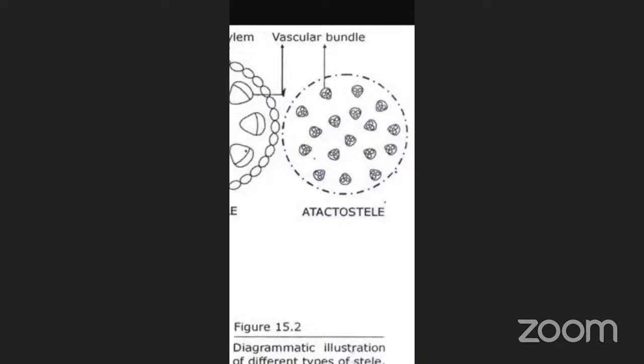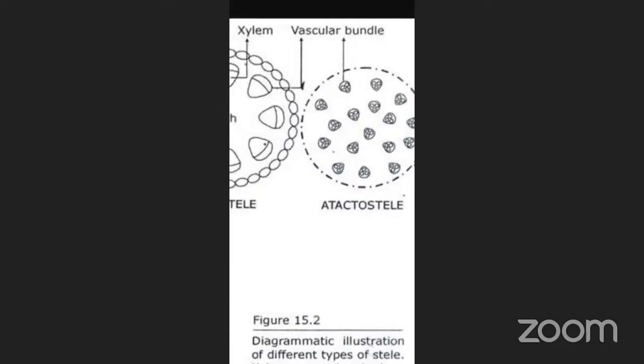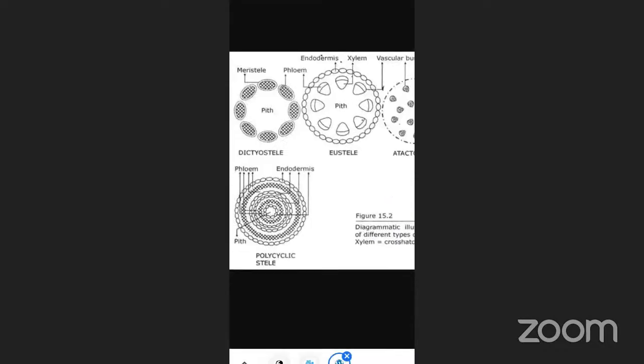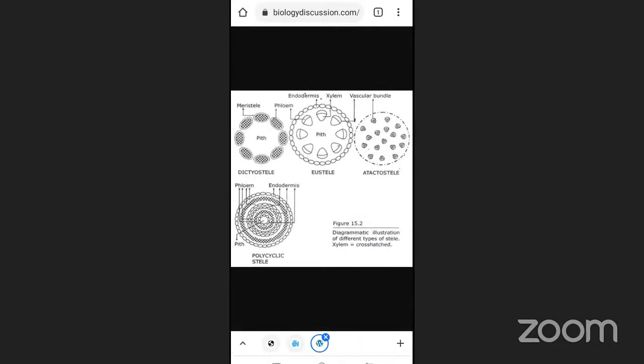They are all scattered in the connective tissue or ground tissue. This is mainly in the monocots. Okay, this is the dictyostele, eustele, and atactostele. Another one is the polycyclic stele. Polycyclic means more than two cycles, steles present within the stele.